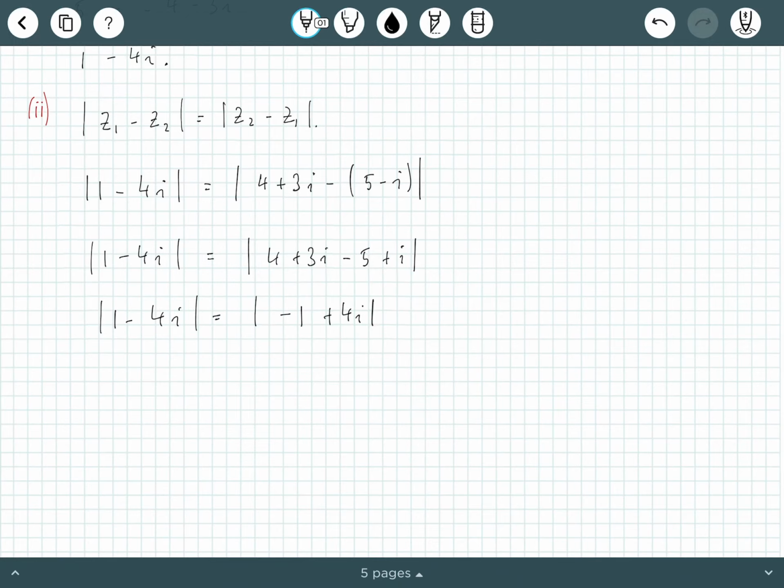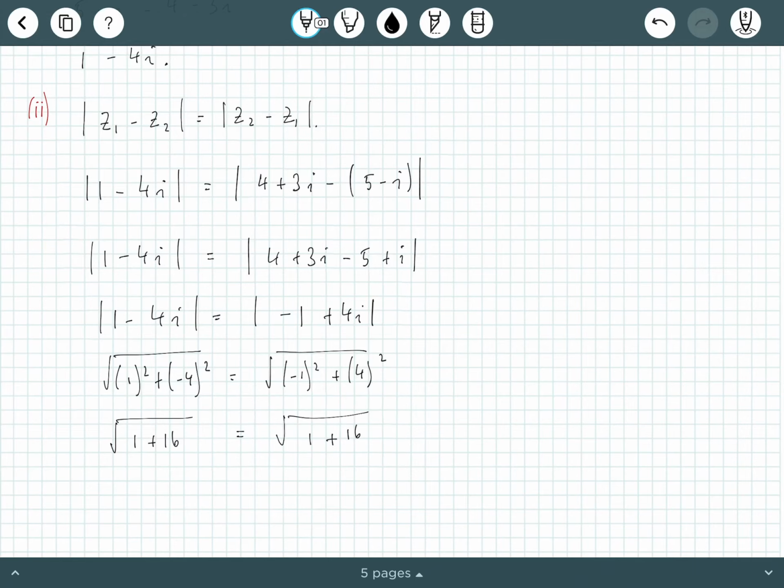Now let's get the mod of each. 1 squared plus minus 4 squared is equal to minus 1 squared plus 4 squared. 1 squared is 1, minus 4 squared is 16. Minus 1 squared is 1, and 4 squared is 16. So root 17 is equal to root 17, therefore verified.